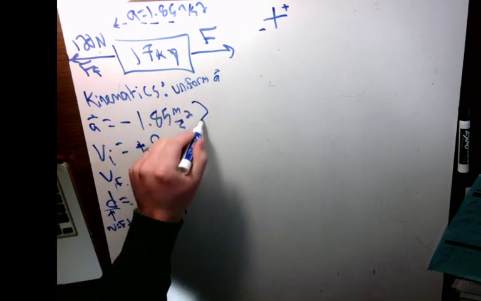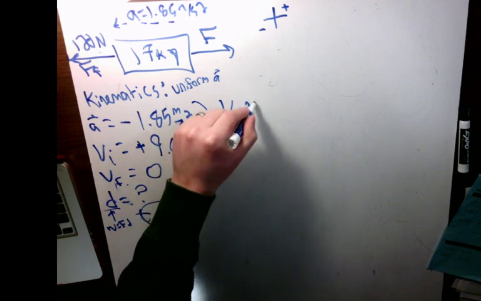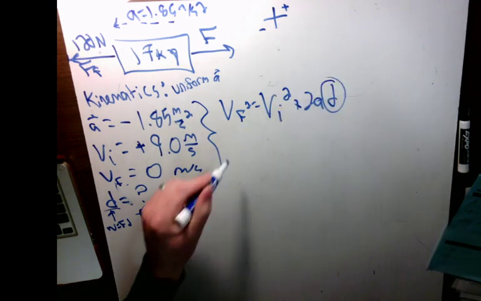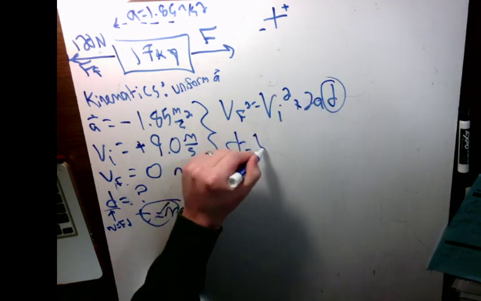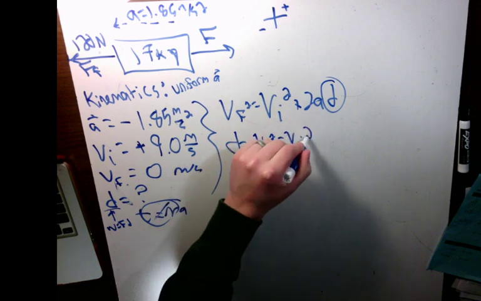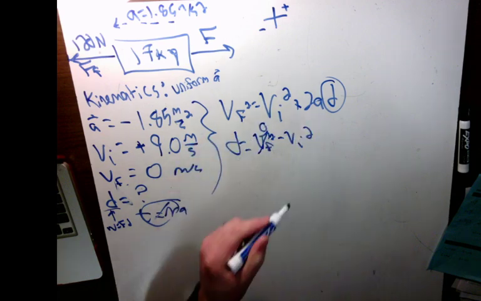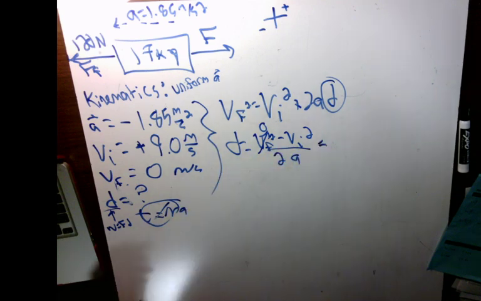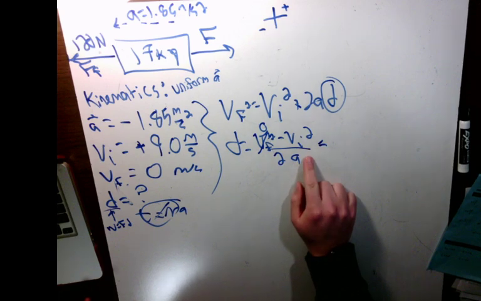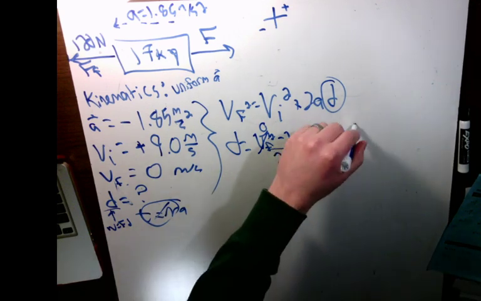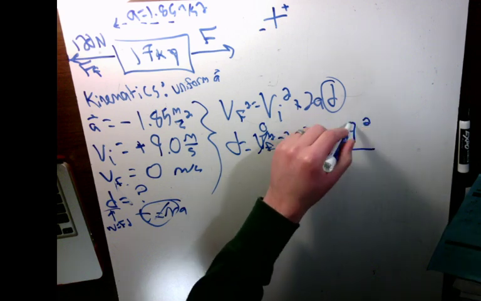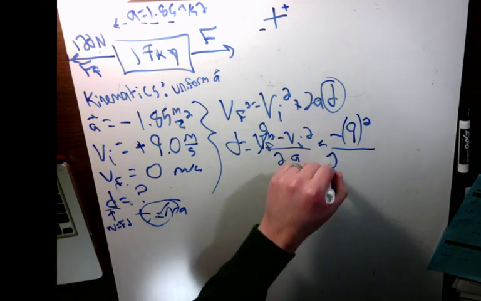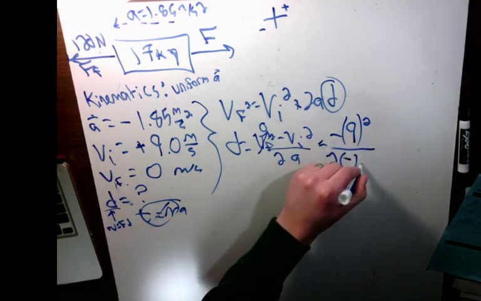I'm looking for displacement. Displacement is VF squared minus VI squared, this will be a 0, divided by 2A. So negative VI squared, which was 9, divided by 2 times our acceleration of negative 1.85.